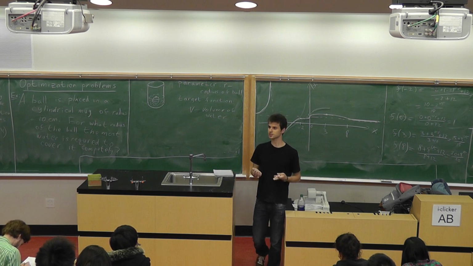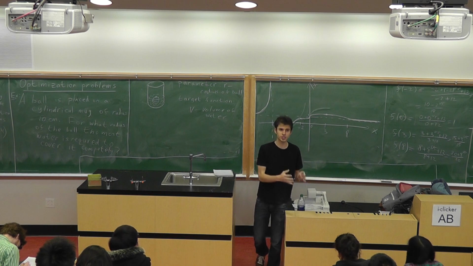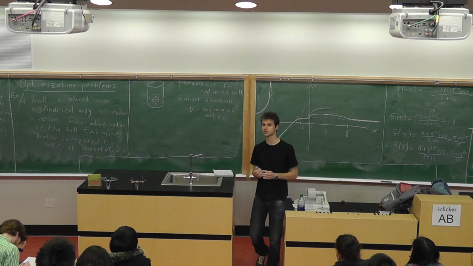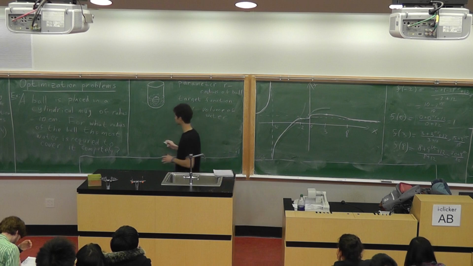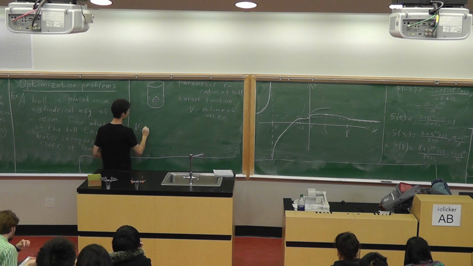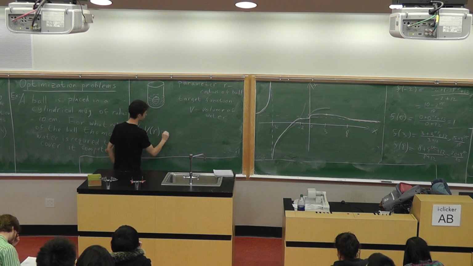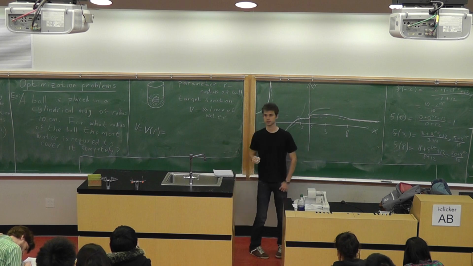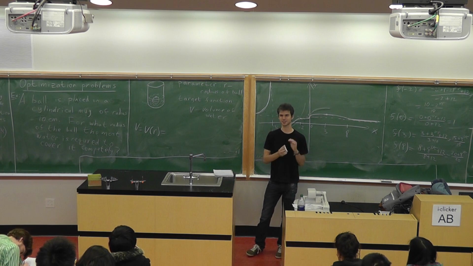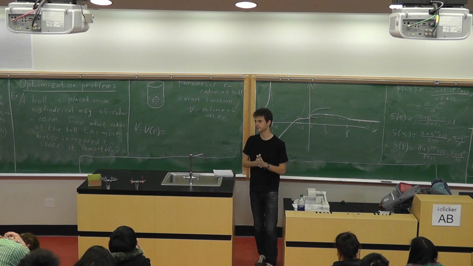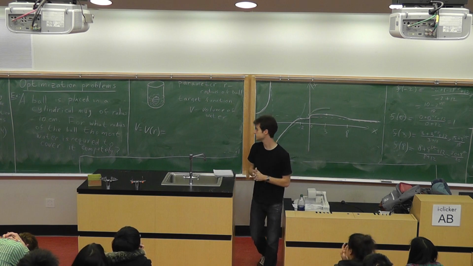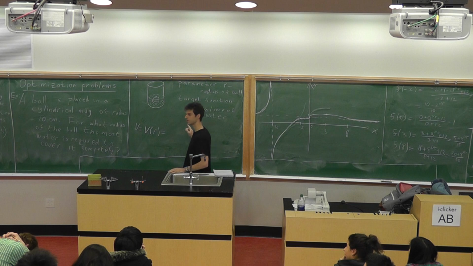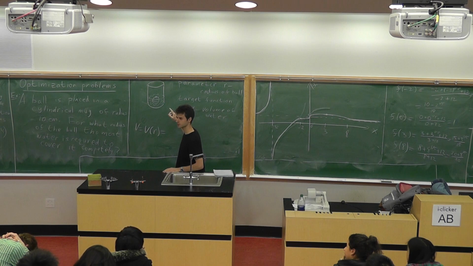Next part is, let's try to write our function as a function of these parameters. So what is the volume as a function of this radius? Any ideas how to find it? Say it again? Pi r squared times what?